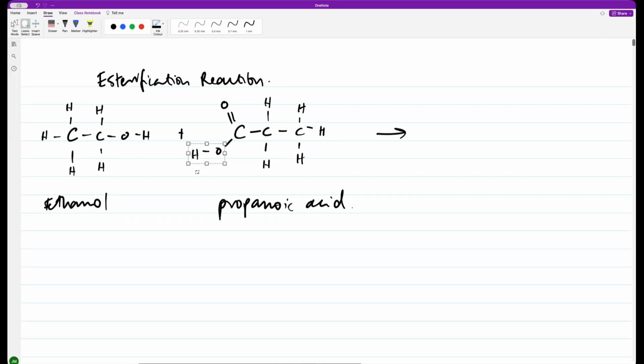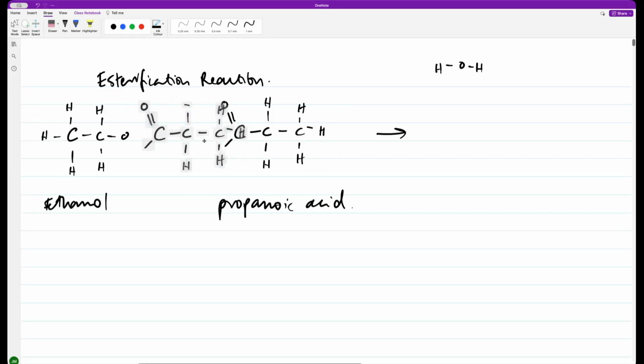So to form the ester, the hydroxyl group in the carboxylic acid will leave and form a water molecule, and a hydrogen from the alcohol will also leave to help form that water molecule, and the remaining two parts of these molecules will join together to form the ester.